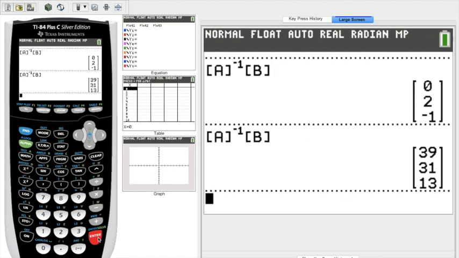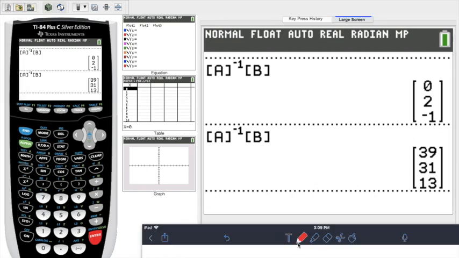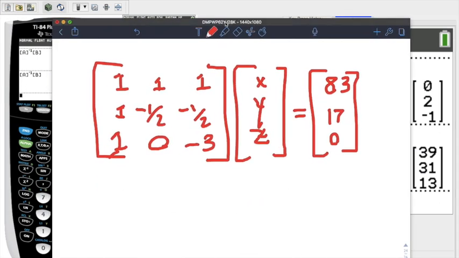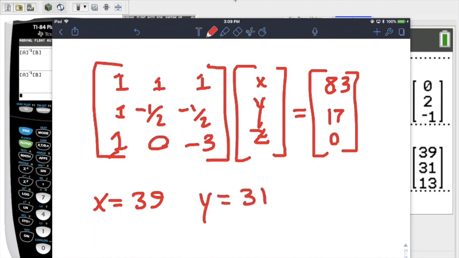And that came out to apparently, X is 39, Y is 31, and then the shortest side Z is 13. And then back up here, yep, X was 39, Y was 31, and then Z is 13.